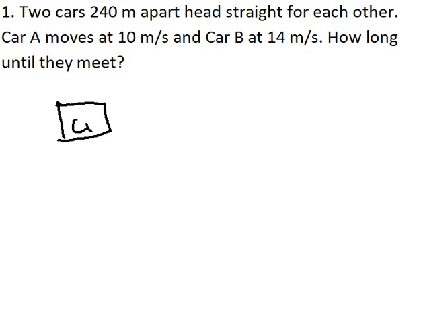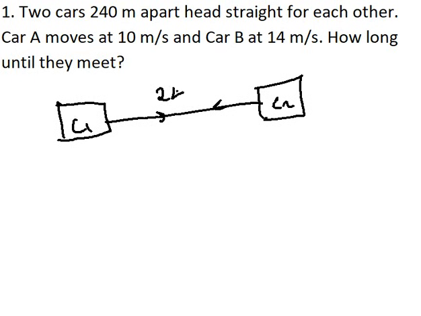This is car 1, and we have a car 2 somewhere, moving towards each other, and the separation distance is 240 meters. I should say this is car A, and this is car B.